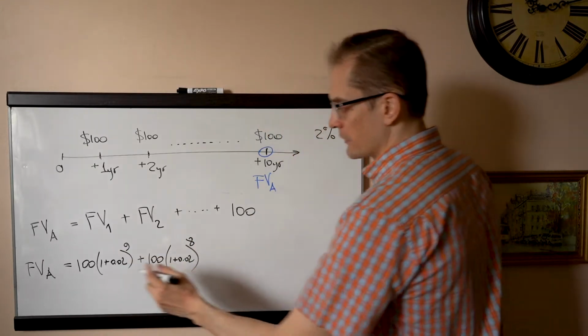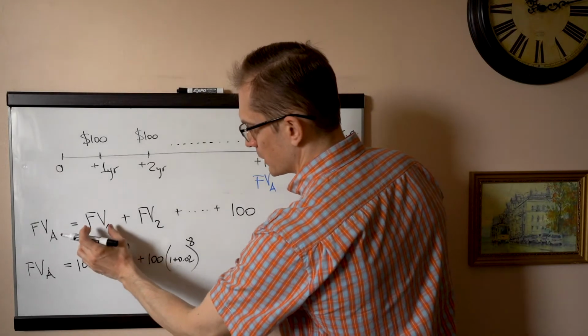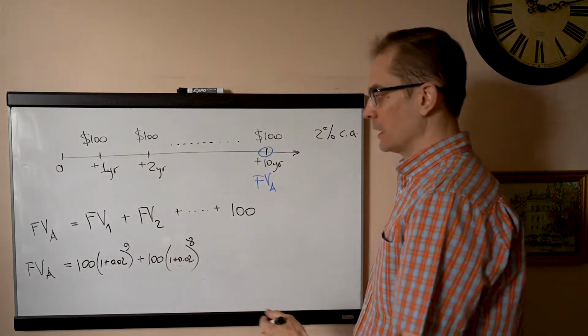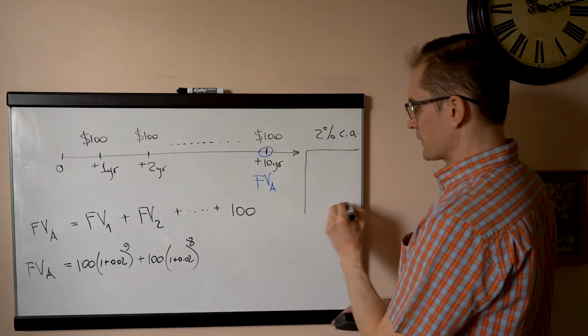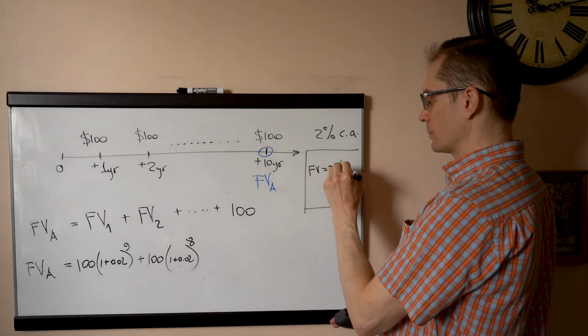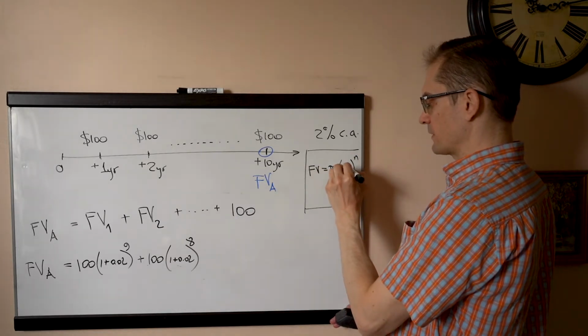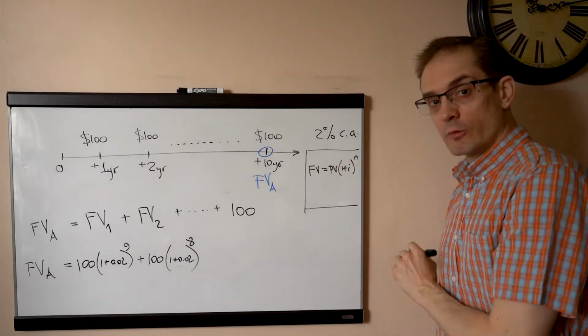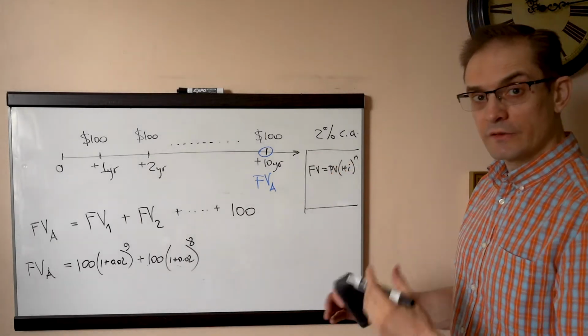So you see, these are just those future values, written as they should be using the formula that we already know, which is future value is present value times (1 plus i) to the power n, right? That's the formula we are already familiar with from our previous discussions.